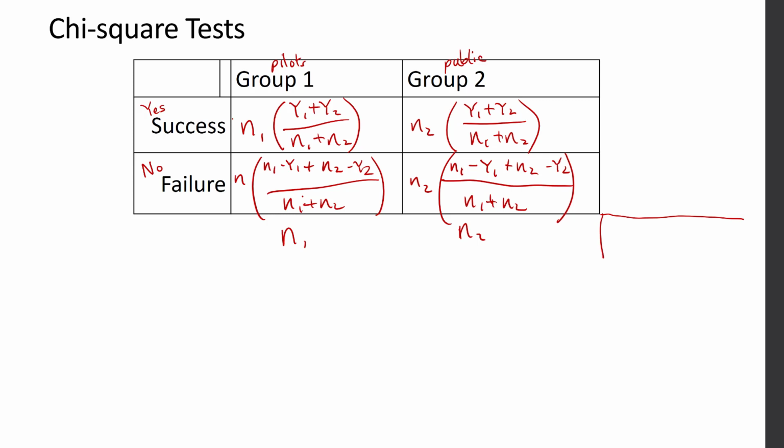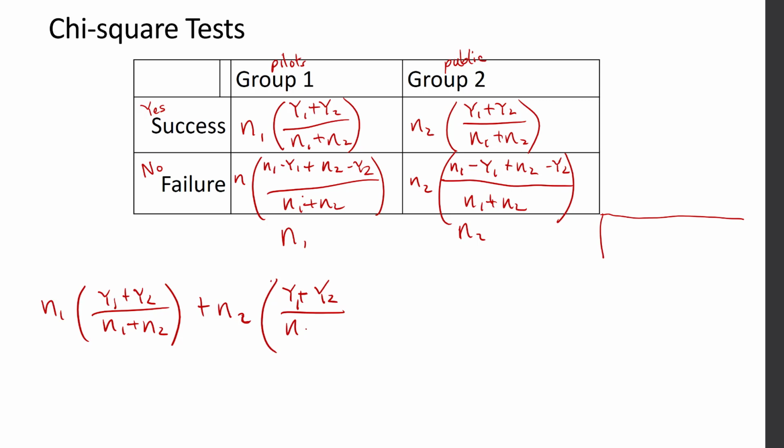If we add them together, N1 times Y1 plus Y2 over N1 plus N2, that's my expected number of successes for group 1, plus my expected number of successes for group 2, which is N2 times that same stuff. And this is the same as this, so I can combine terms again, and I'll get N1 plus N2 times that same stuff.